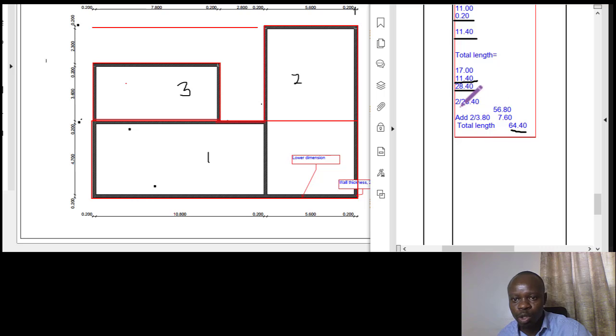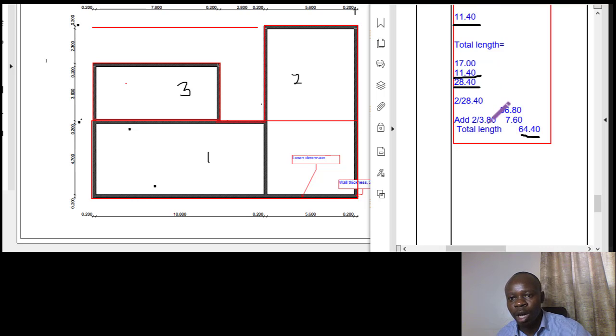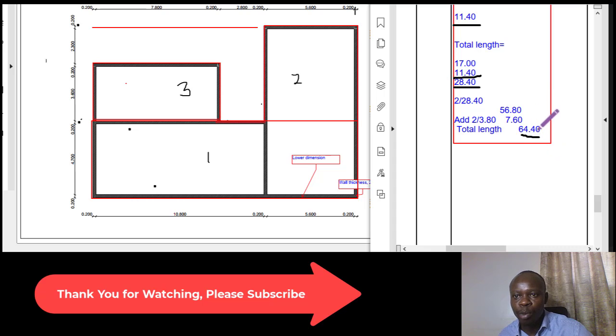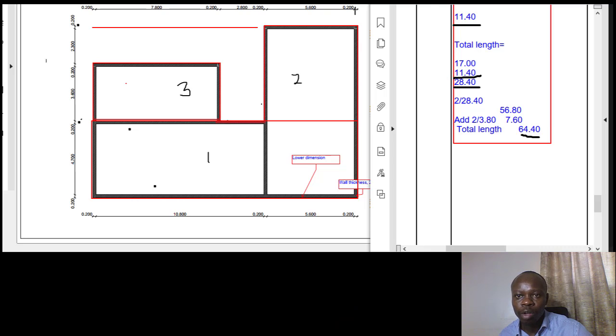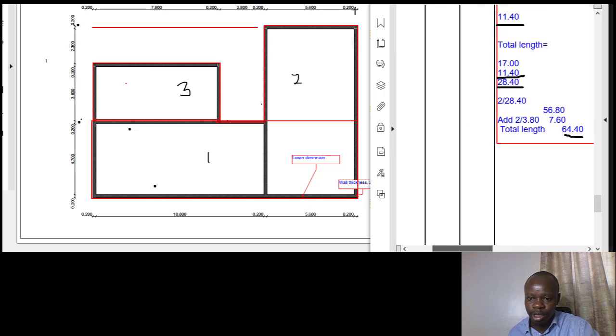Then we got the width also properly indicated, 11.4. We added the 2, we get the perimeter. Then we added what we call now the recesses, the 2 of them from the external faces. So we got a total length of 64.40. So once you have that, you will go ahead and now enter your dimensions in terms of what we calculated.